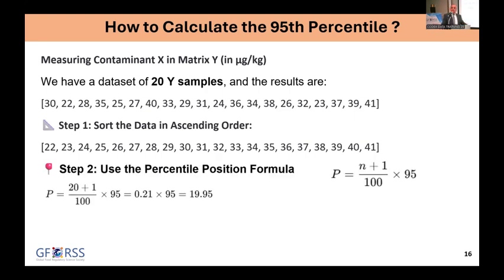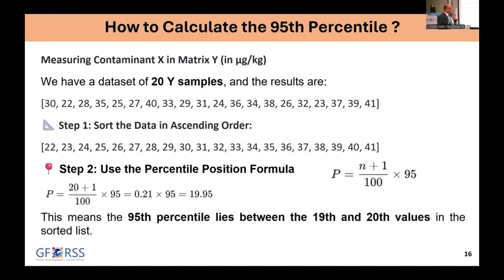Then I use the percentile position formula, which is percentile position equal to (n plus 1) over 100 times 95 if I want to calculate the 95th percentile, or 98 if I want to calculate the 98th percentile, where n is the total number of the data set. In this case, it leads me to the value of 19.95. What does it mean? It means that my percentile will be between the 19th and the 20th value in the sorted list.